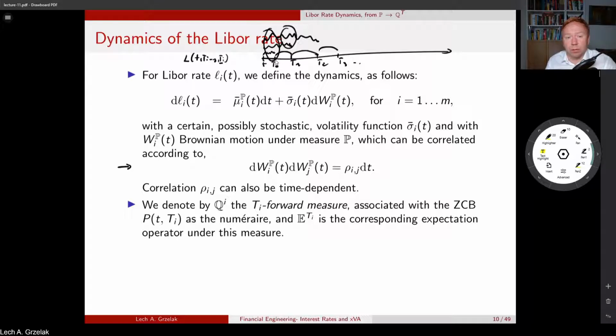And for example, the correlation between the first one and the last one is the lowest. So you can define some parametric forms of the correlation structures of the Libors, and that you can also calibrate by using products like caps. There is established literature you can look up on how this correlation calibration can be performed and what type of correlation structure you can define.